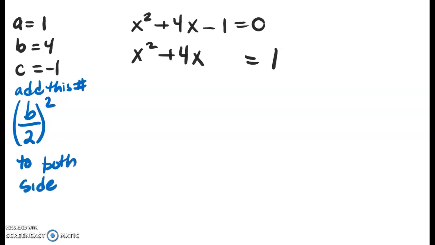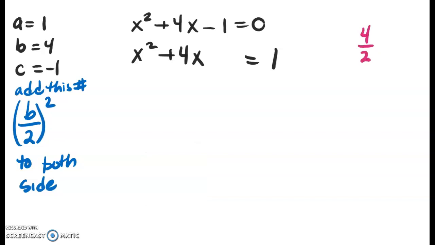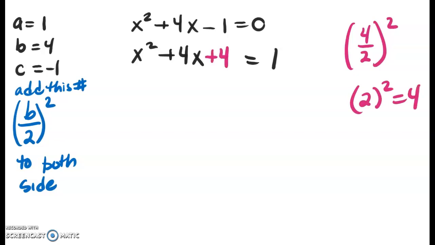In our case, B is 4. Half of B is 2, and 2 squared is 4. I'm going to add 4 to both sides of this equation, because I can add a number to the equation as long as I do it to both sides to keep the equation balanced.